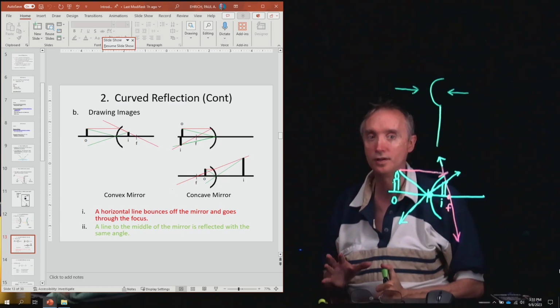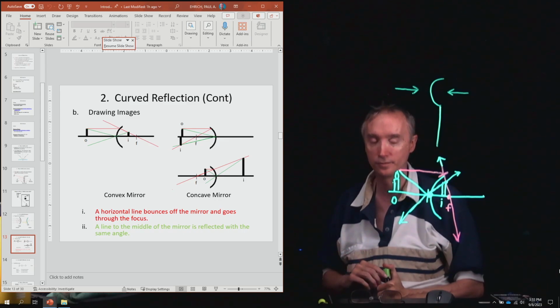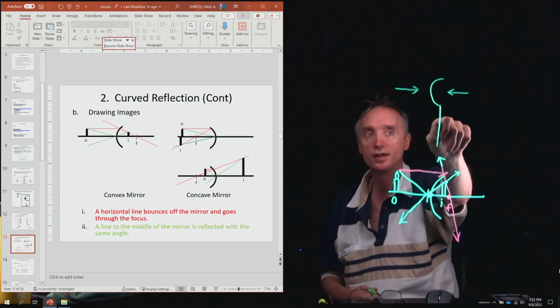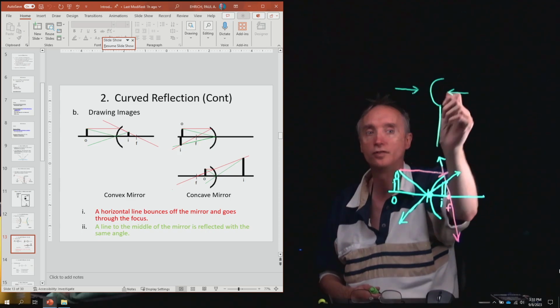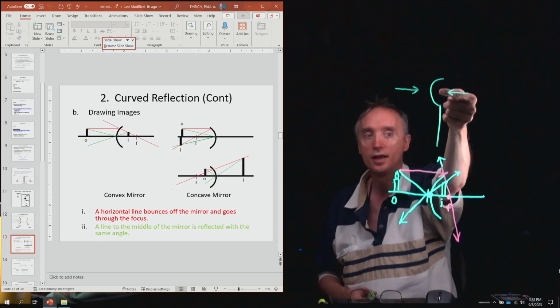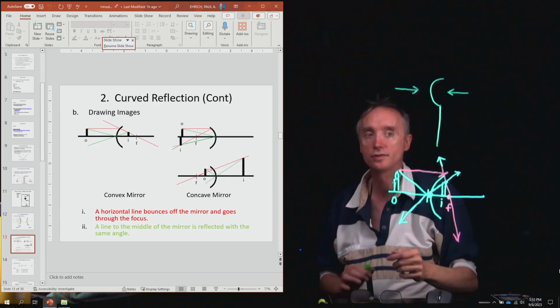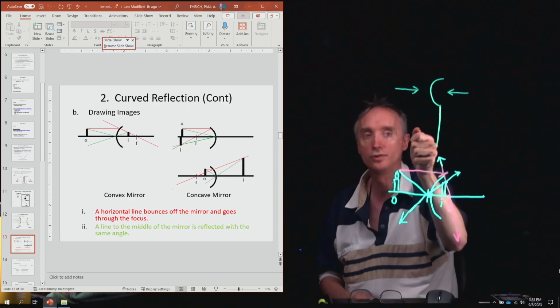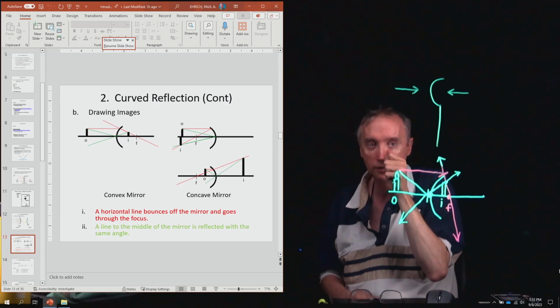Now we can do the same thing. It's a little bit more tricky, but we can do the same thing with the concave mirror. So this time I want you to take your spoon and flip it around so that you're looking in this direction. At first, let's take the spoon and hold it right up to your eye.